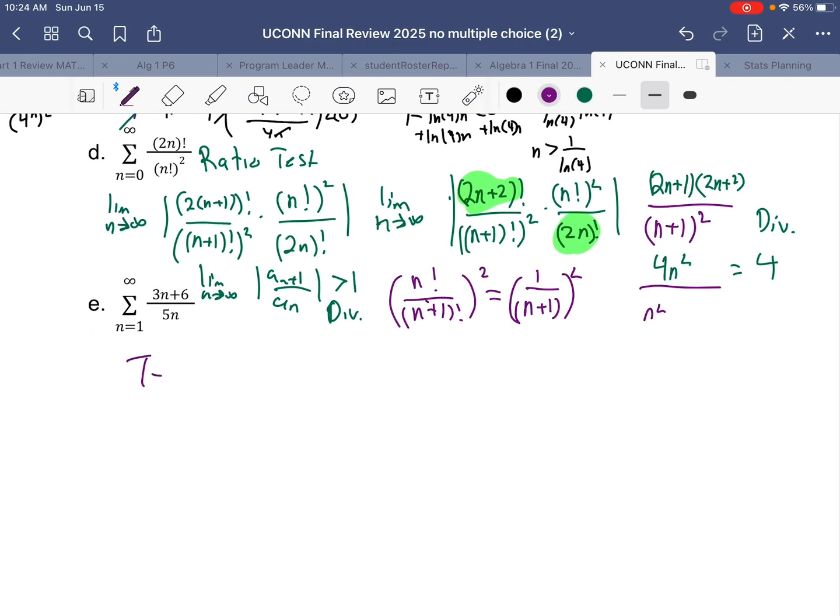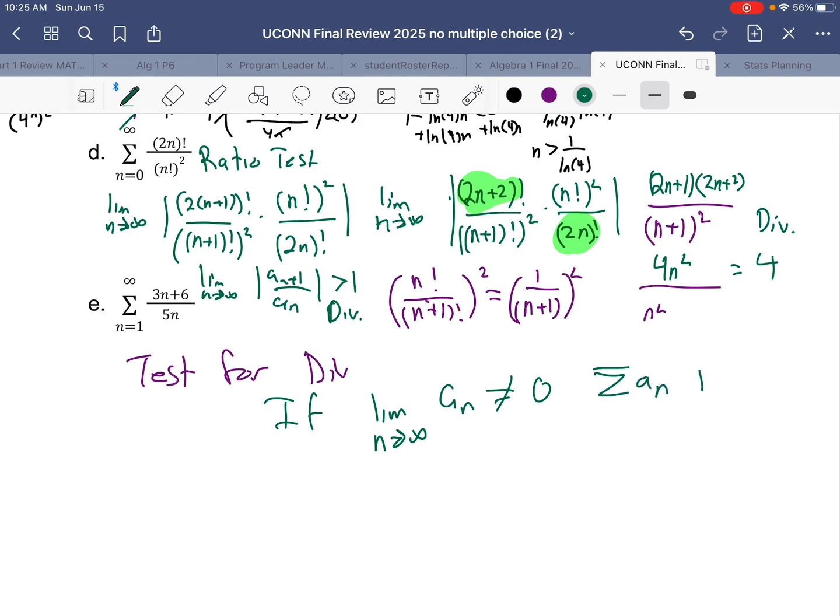The last one here, I'm going to do the test for divergence, because I don't believe that the limit is equal to 0. Again, this test only tells you if something diverges. You cannot prove that something converges because the limit equals 0. So if the limit as n approaches infinity of a sub n does not equal 0, then the series of a sub n diverges.